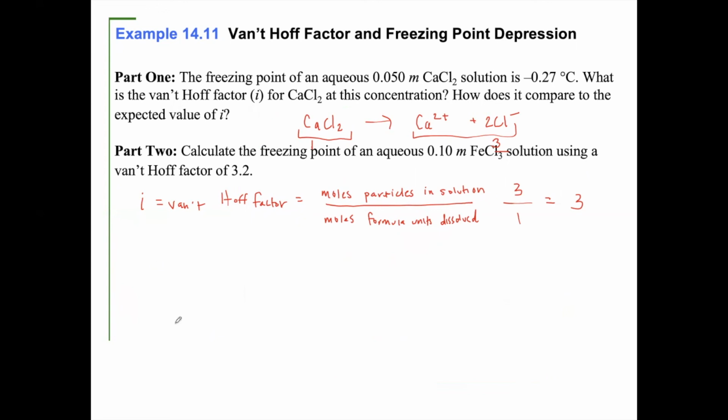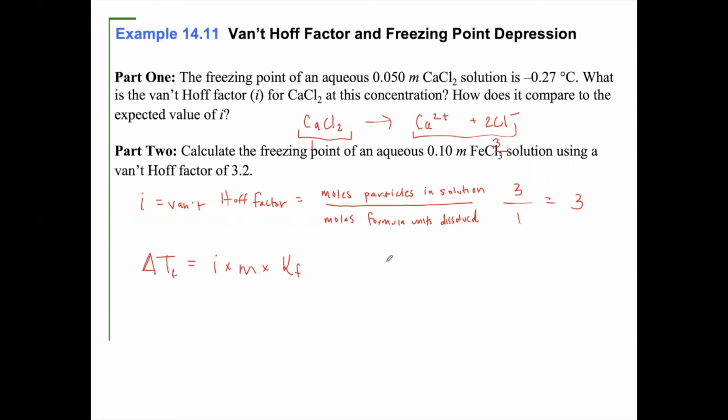So we have to update our formula for freezing point depression to accommodate for this value of i. So delta T is now going to be the van 't Hoff factor times the molality times the constant.